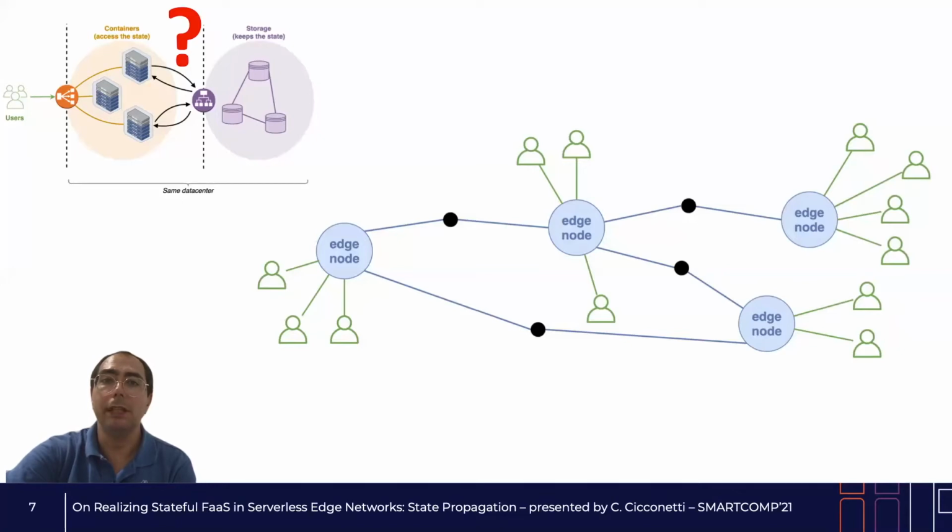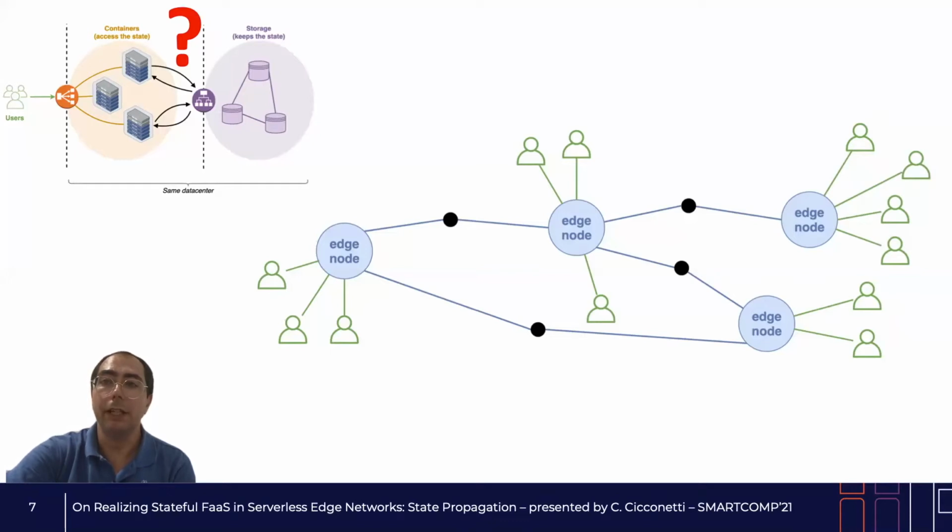But what does this architecture even mean when we are talking about edge networks? An edge network is a network where the computer resources are distributed across many nodes with smaller capabilities compared to the servers in the data centers. And these edge nodes may also cover a very large area, also on a geographical distance.